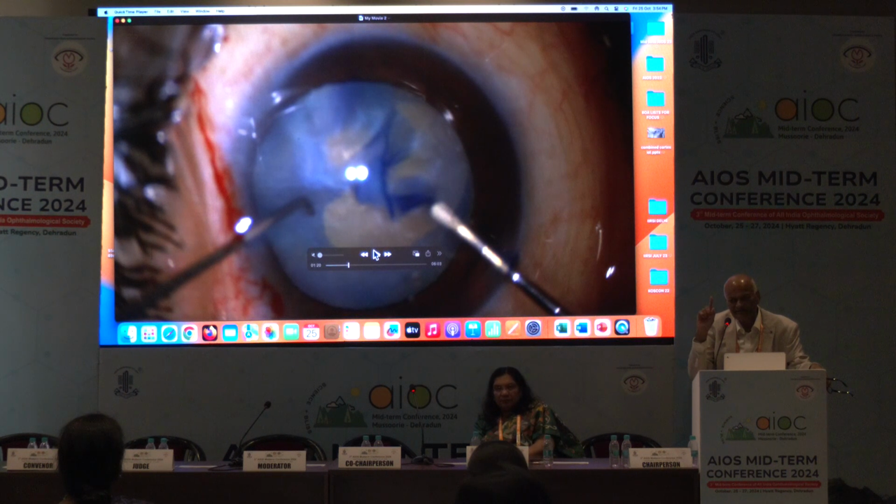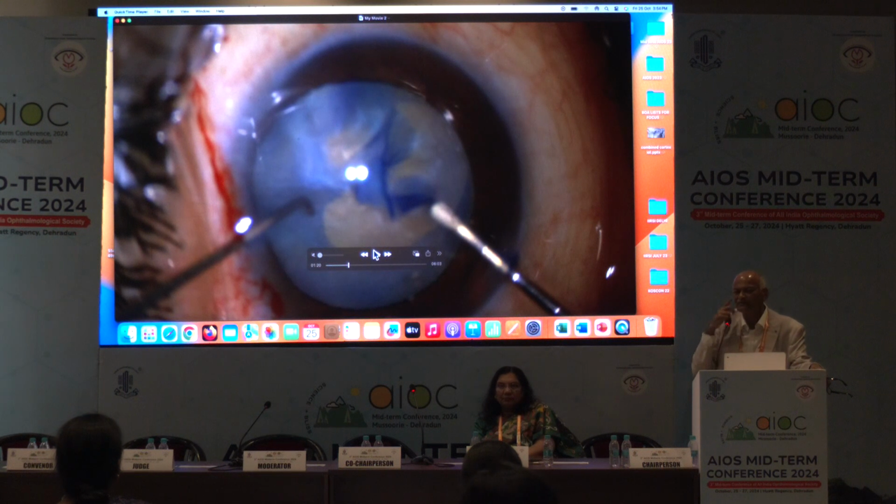Where there is a fibrous capsule, that capsule will not be torn by the forceps also. Why? Because that is a fibrous capsule. Femtosecond, yes, you can do, but we are ordinary persons, so nobody has the femtosecond.